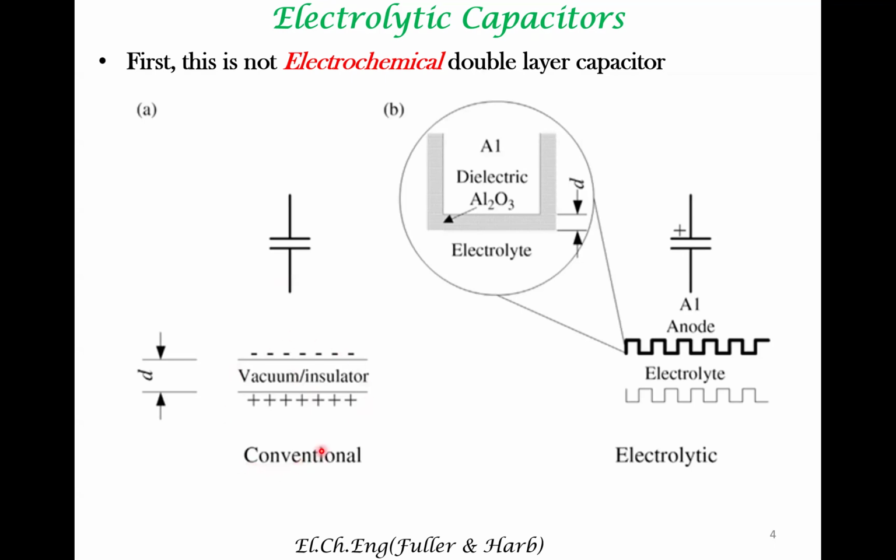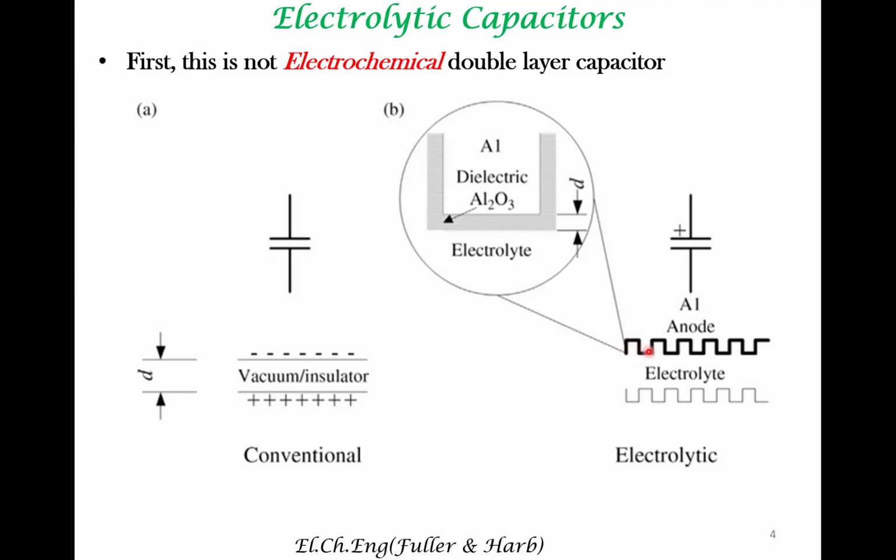So as opposed to conventional electrostatic capacitors, the electrolytic capacitor has a greater structural feature. And the most dominant electrolytic capacitor is made up of anodized aluminum.